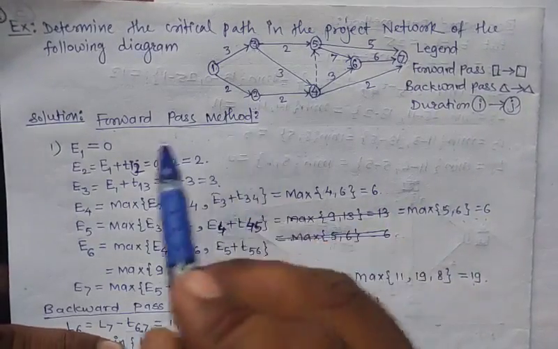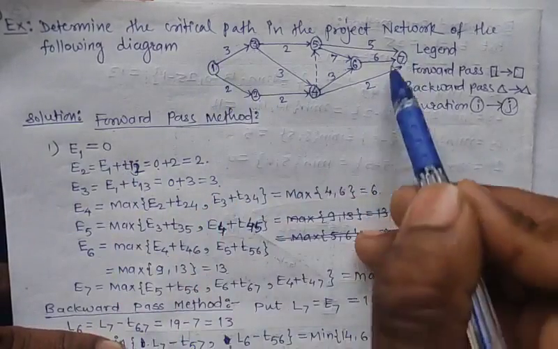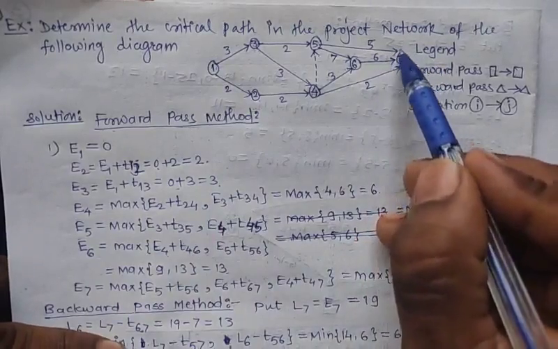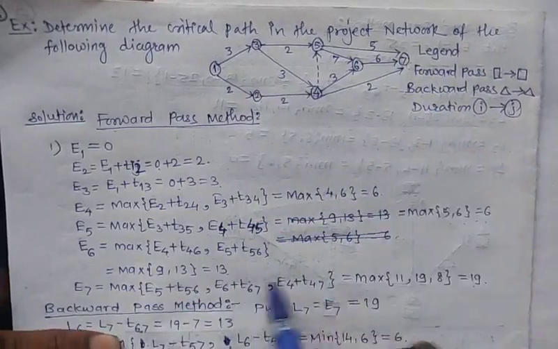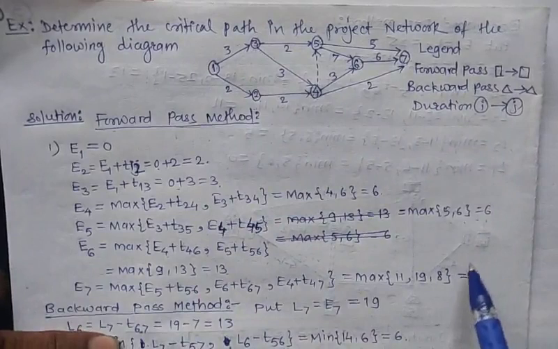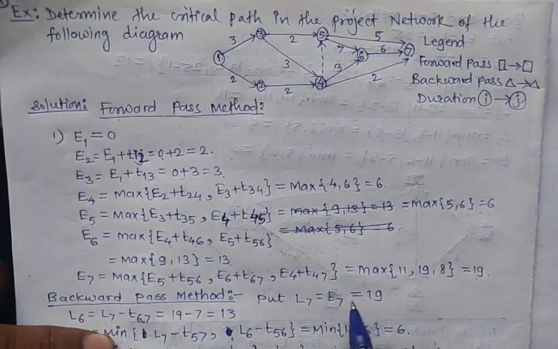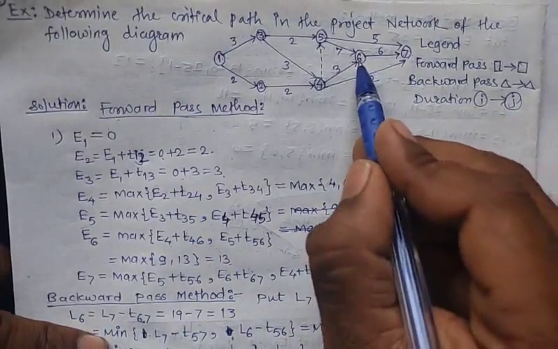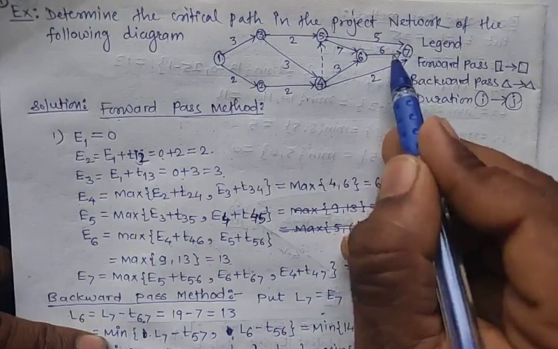So in the forward pass method, we start from the initial point and end at the last point, and in the backward pass method we start from the last point and end at the first point. So put E7 as L7, which is 19, and next calculate L6.